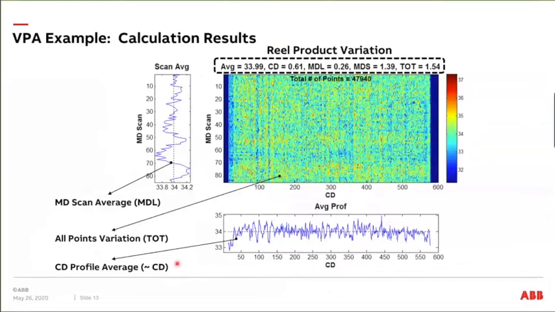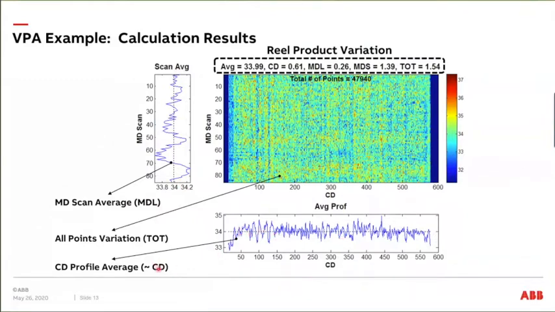Okay, so we're at a point where we've got the scan averages, and now we take the variability. If we have that trend of the scan averages, that's where the MDL comes from: we're looking at the variability of the scan average. We're also looking at the variability of the average profile.